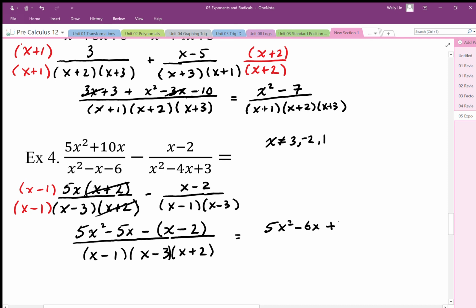Remember, this is going to be plus 2. Okay, and then this ends up being x minus 1, x minus 3, x plus 2. And the numerator does not factor, so this is my final answer. And those are my restrictions.